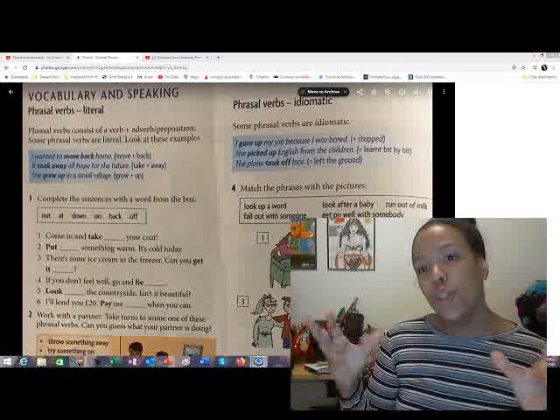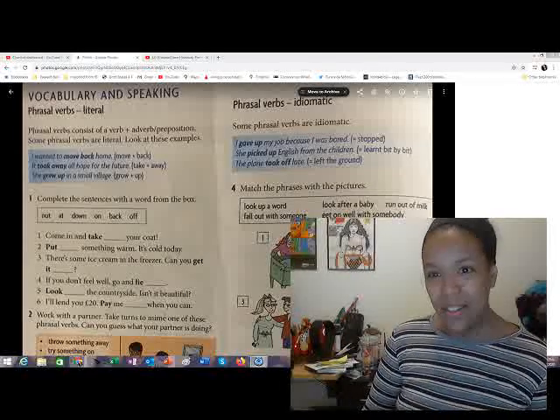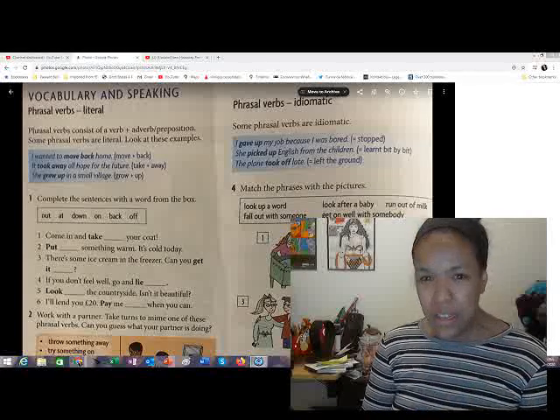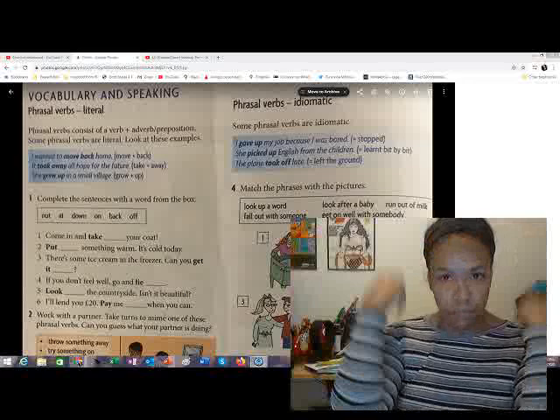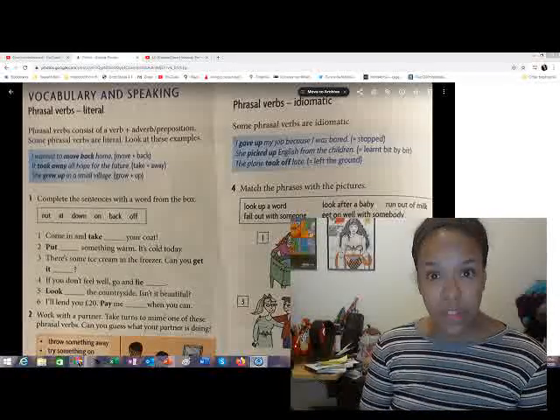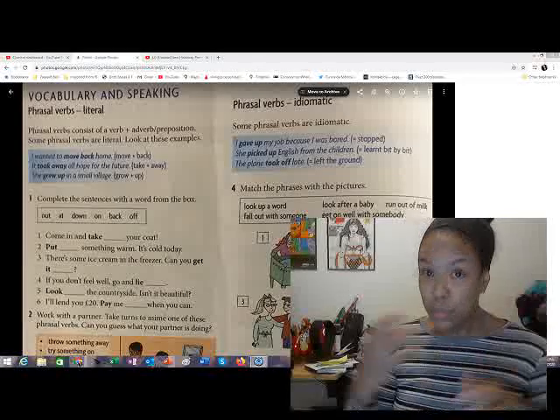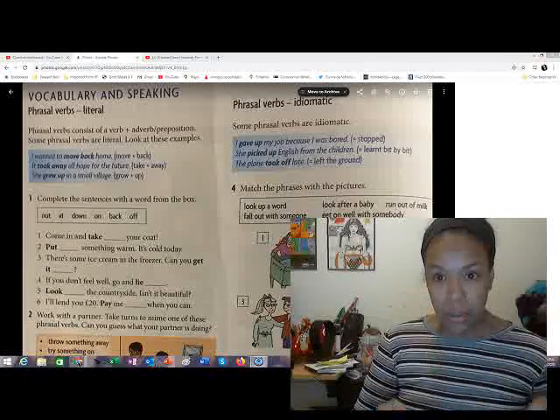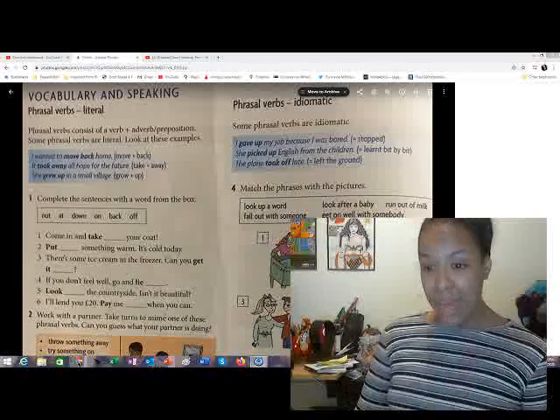Meaning, look back into your past. You don't want to remember the past. You don't want to think about the past. You just want to keep moving forward with your life, moving on with your life. So looking back can also be figurative. But here, look back literally means to turn around and look back.